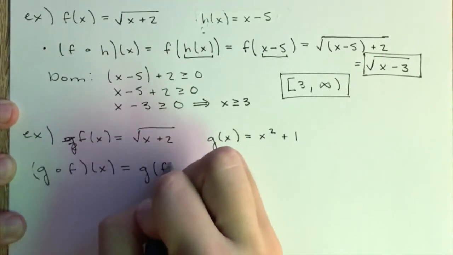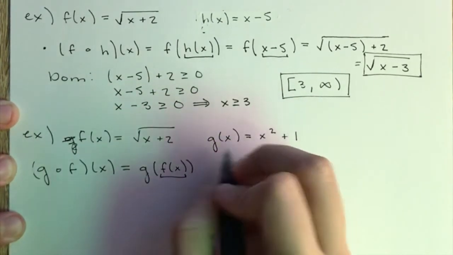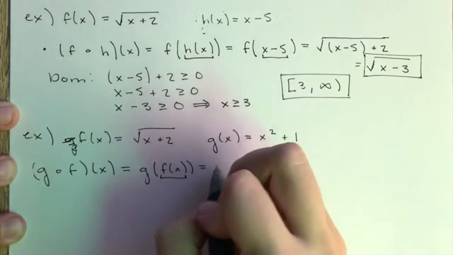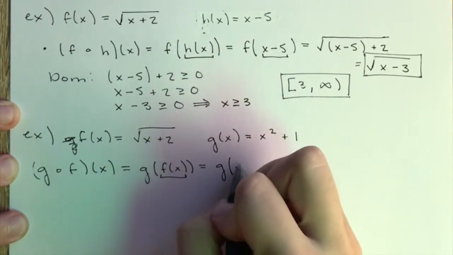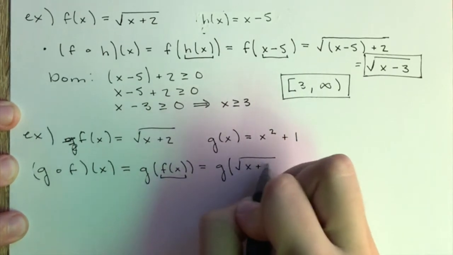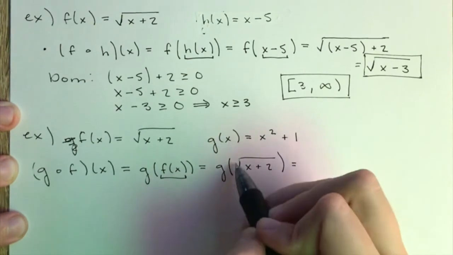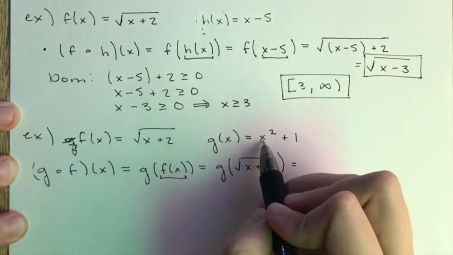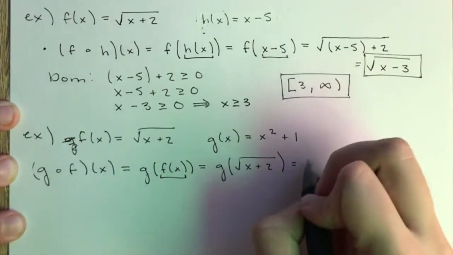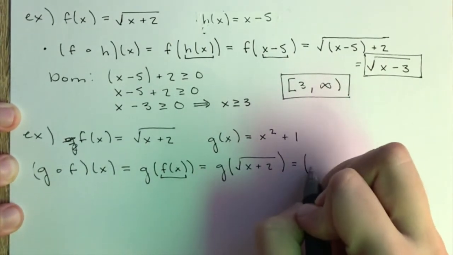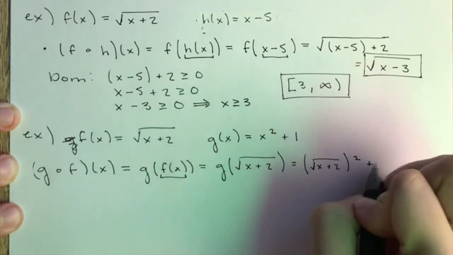Well, it's g of f of x. f of x is the square root of x + 2. I'm plugging the square root of x + 2 in for x here, so we replace both x's with the square root of x + 2. So we have (square root of x + 2)² + 1.